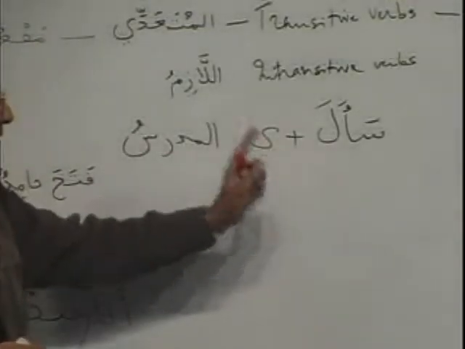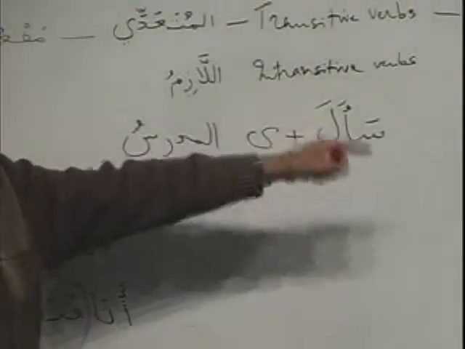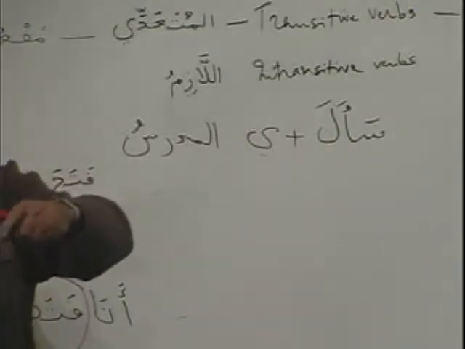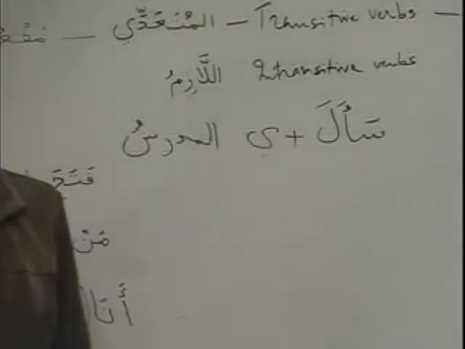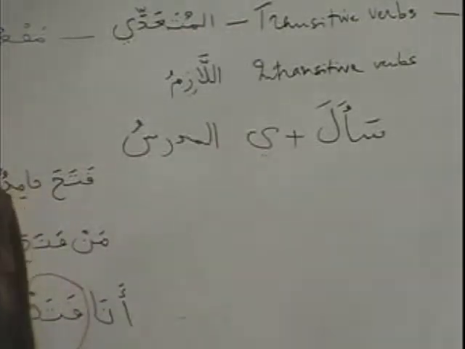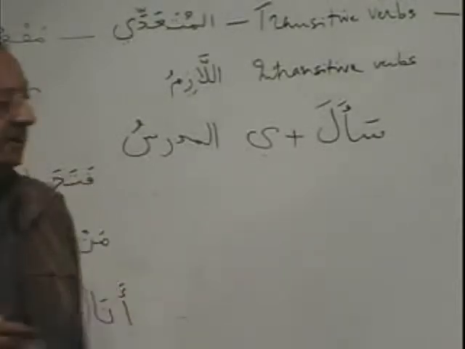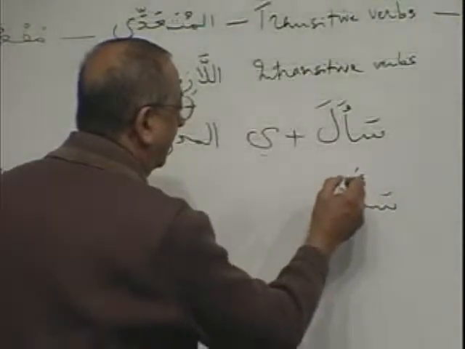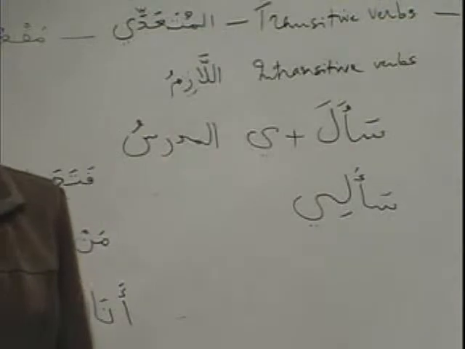So, sa'ala, sa'alahu, sa'alahuma, sa'alaha, sa'alaka, sa'alakum, sa'alaki was fine. When it came to sa'ala and ya mutakallim, you know what is the habit of ya mutakallim? It will give kasra. So if I say sa'ala, it will become sa'ali.